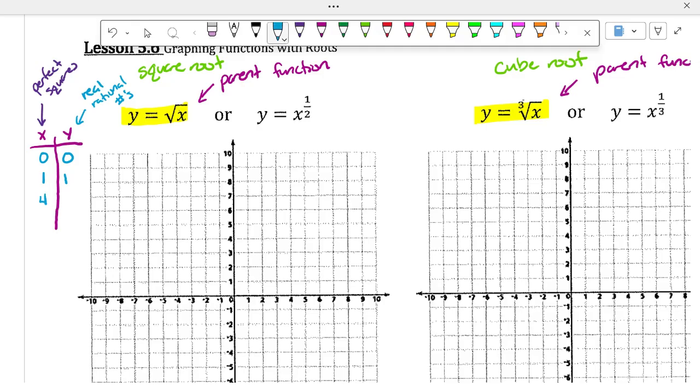However, the square root of 4 is 2. And then what's the last one that'll fit on this graph? 9. Square root of 9? So if I graph this, I have 0, 0, 1, 1, 4, 2, and 9, 3. So the graph looks something like this.